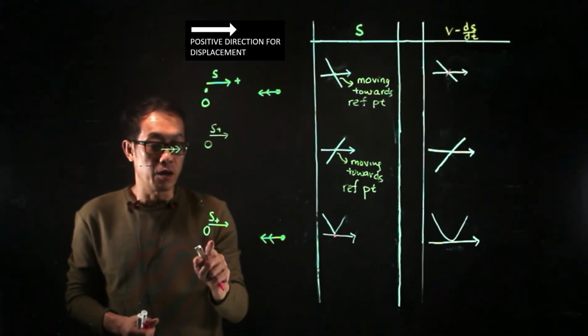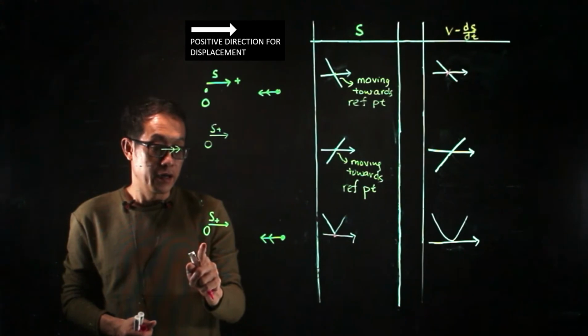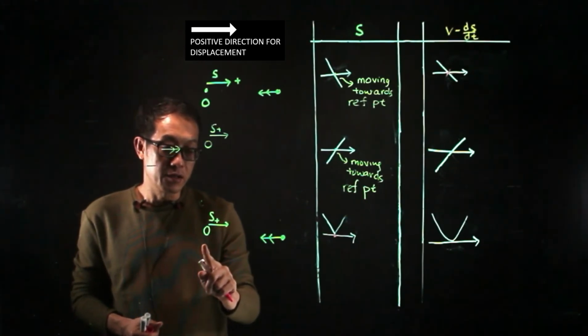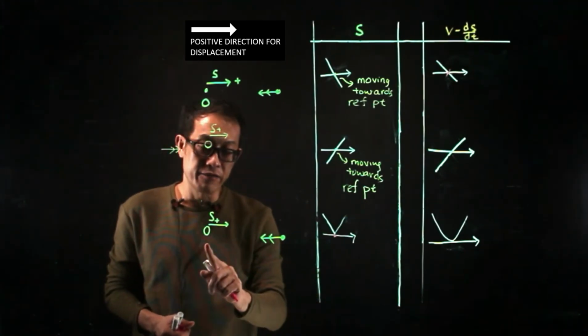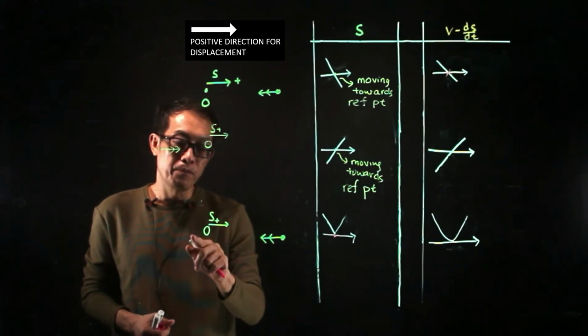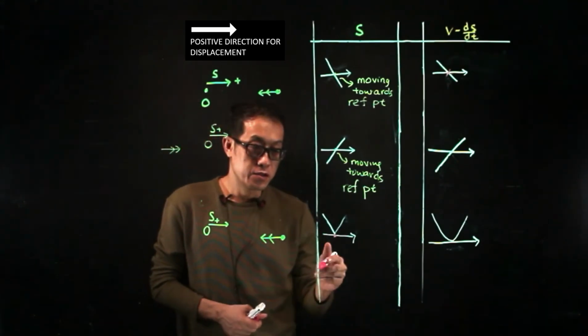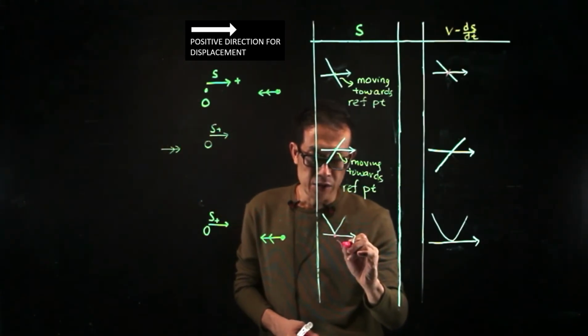That means the object has reached this reference point, and then after that it does a U-turn. All right, it gains in velocity, gains in speed, moving away from this reference point. So this is where the object does a U-turn.